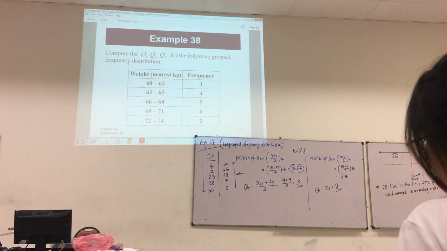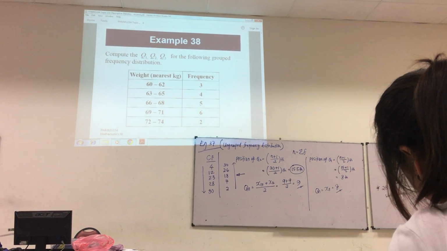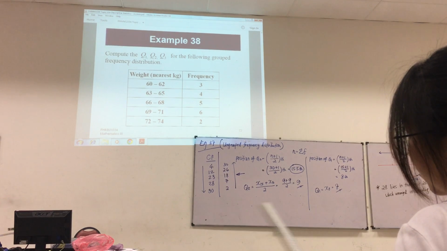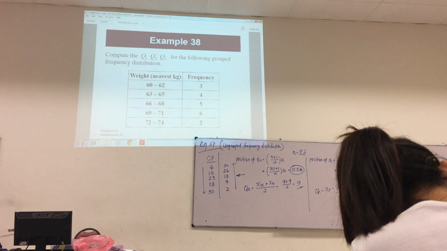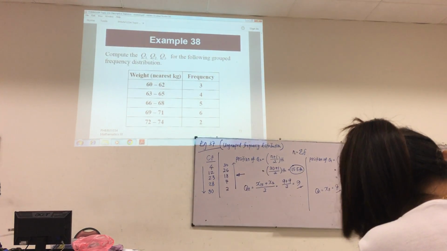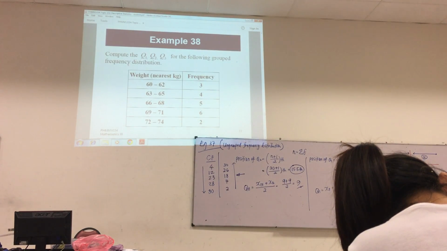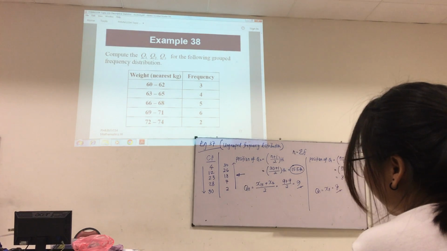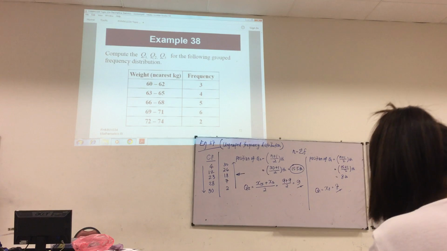We need cumulative frequency as a reference, so you should have 3, 7, 12, 18, and 20. This cumulative frequency is going to help us identify the Q1 class, Q2 class, and also Q3 class. So we go for the position of Q1. Your position of Q1 is calculated based on n divided by 4.